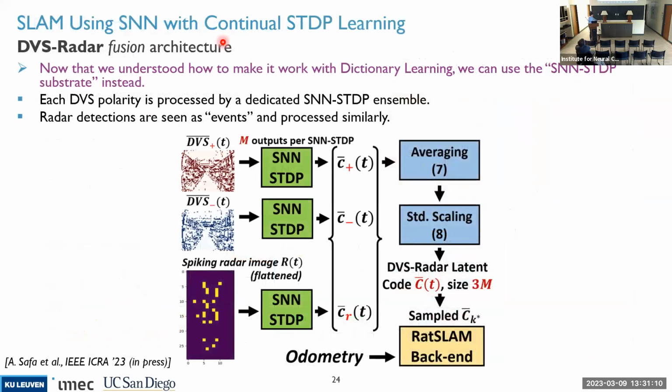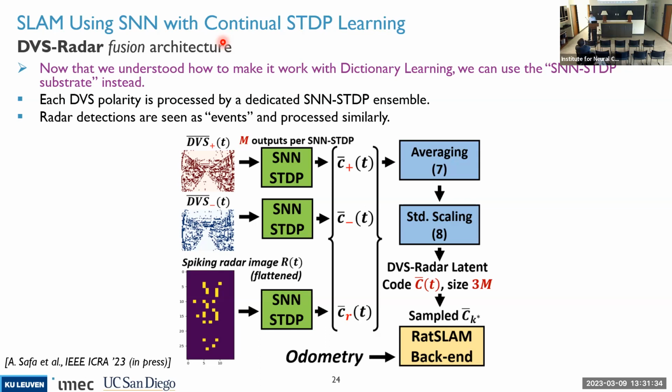Okay, so now that we have motivated this continual learning technique with this surprise motivation, what do we use it for? To learn in a continual manner on a real-world, real-time stream of data, and using SNN. So now we'll use our SNN STDP framework, which is basically the same as a dictionary learning framework.